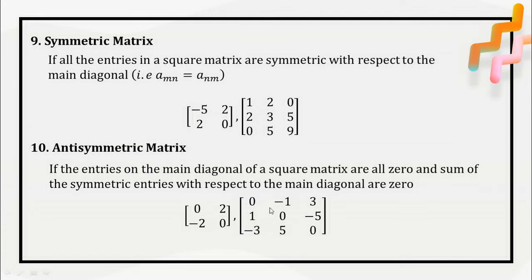How about 1 plus -1 is 0? Okay, so this one is 0. This one is anti-symmetric if the main diagonal are 0. And when you sum another pair of entries, and the result is 0, it is anti-symmetric.